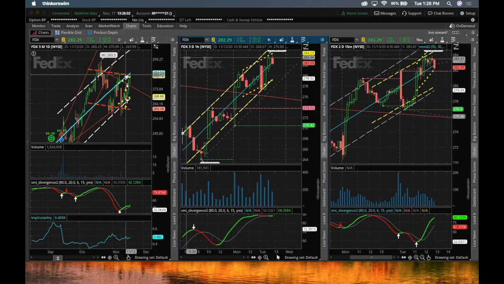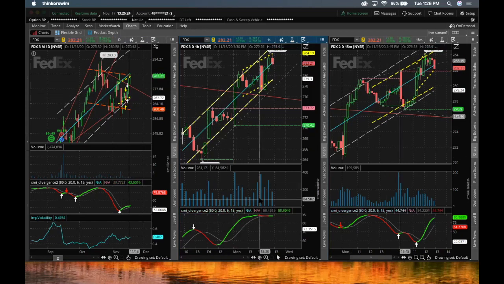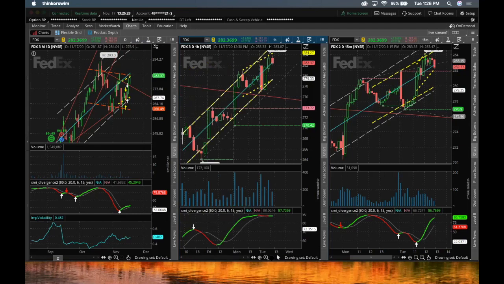Okay, so I like the daily chart. My main goal here is to find setups and then set risk parameters in the direction that I think things are going to go. And I like the hourly chart because it generally shows the best entry points.